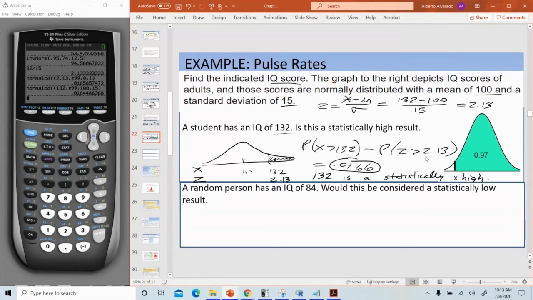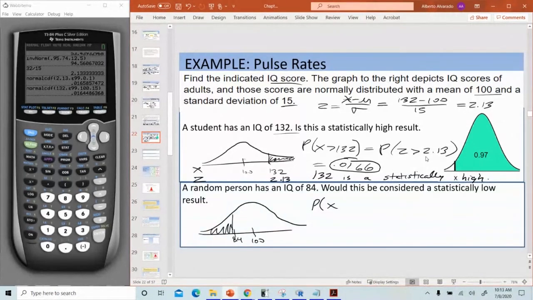Let's move on. This one says, find the probability of a person with an IQ of 84 or less. So we'll go 84 somewhere around here. We're interested in that probability. We'll do the full deal.